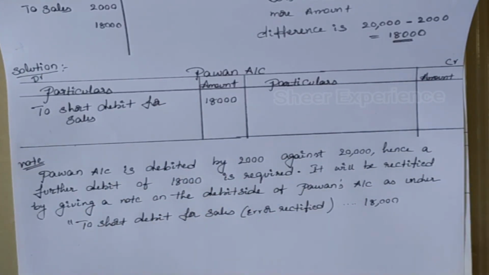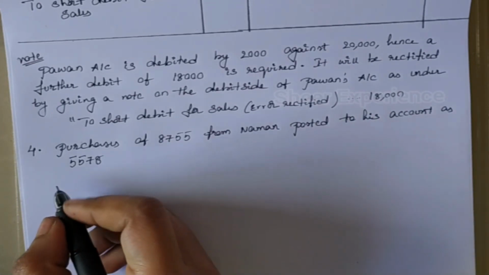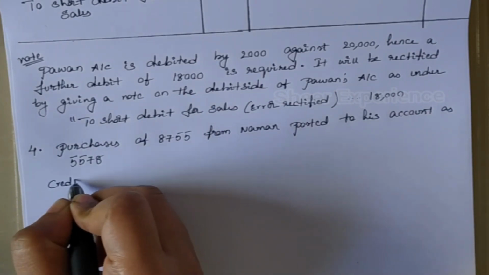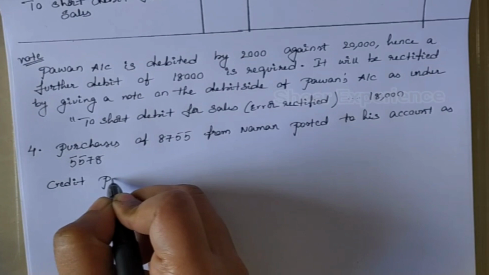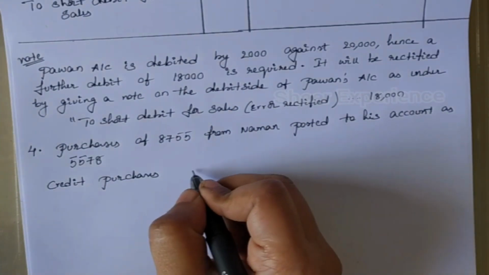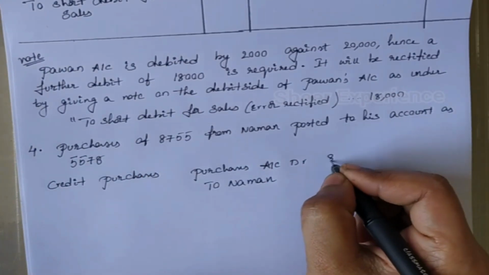Next error is purchases of 8,755 from Naman posted to his account as 5,578. Here also they have not mentioned cash, so we should consider it as credit purchases. Journal entry for credit purchases is purchase account debtor to Naman.